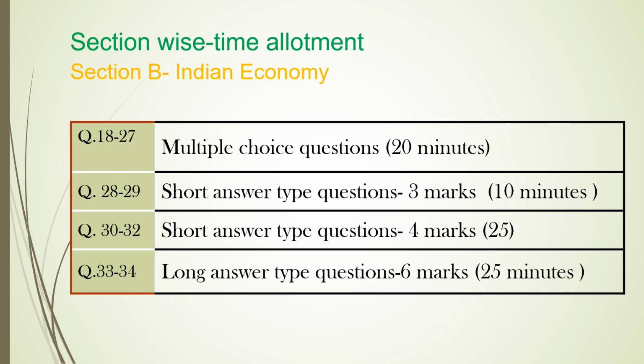Question number 30 to 32, we have short answer type questions and they are 4 mark questions, and we have 3 questions and you can allocate 25 minutes. And the last section, that is long answer type questions, question 33 and 34, and you can allocate 25 minutes for 2 questions.